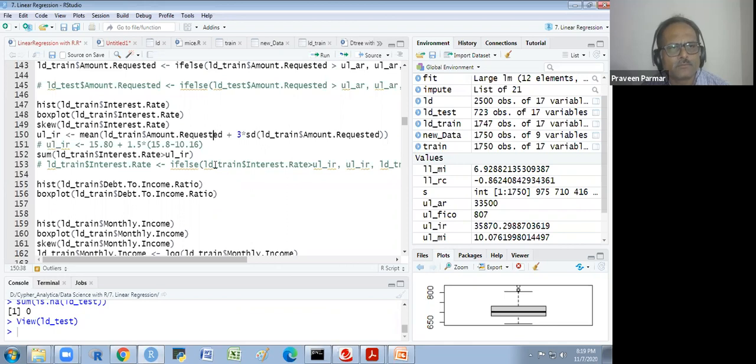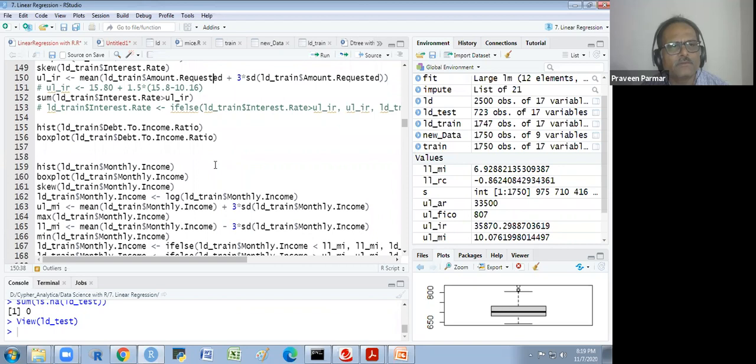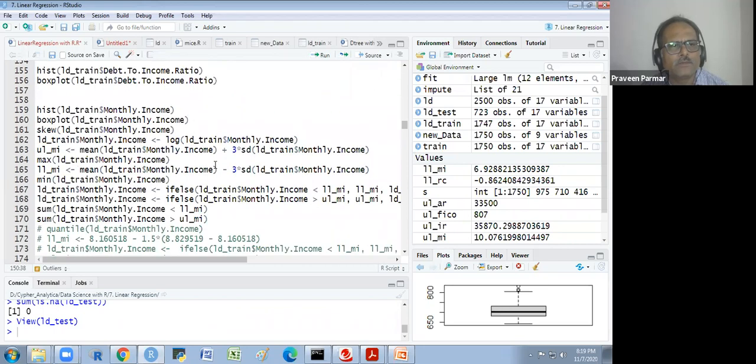There was no use of this. Interest rate was the dependent variable. And then use this. Okay. We have taken log here, no? This we take.